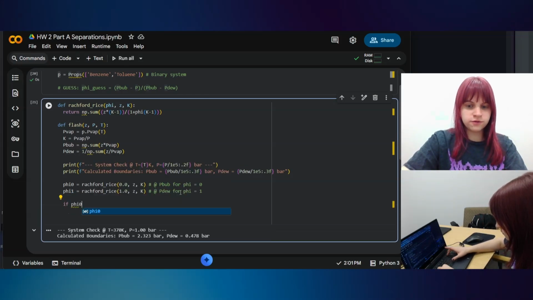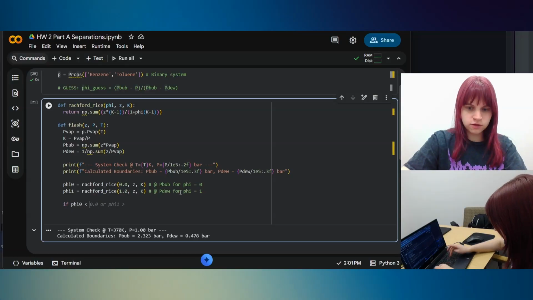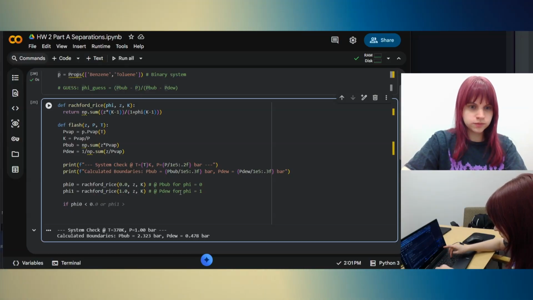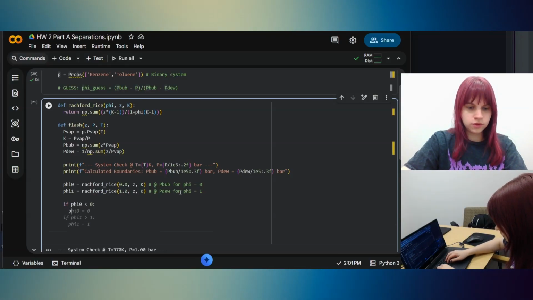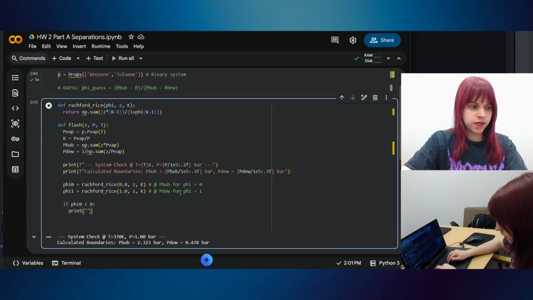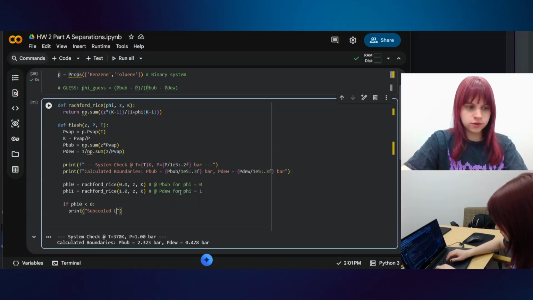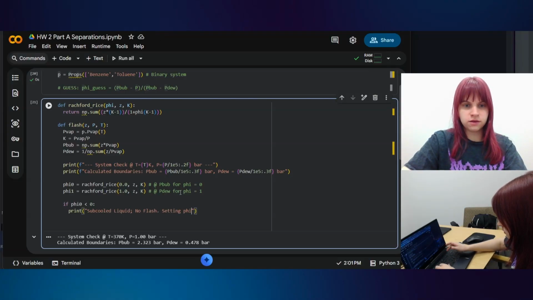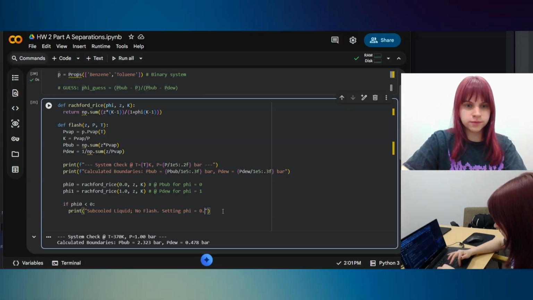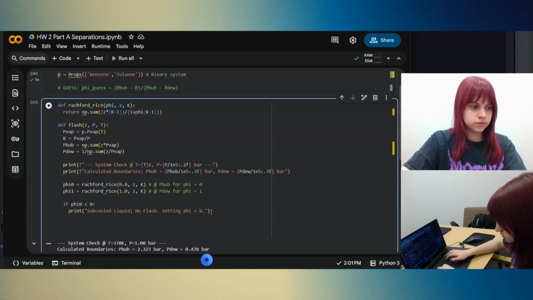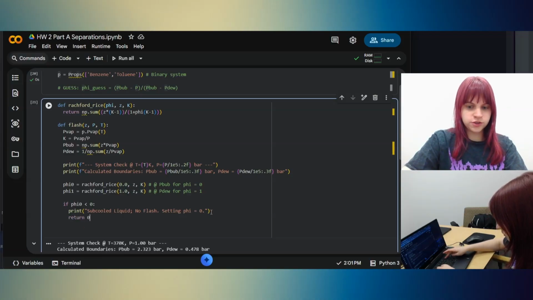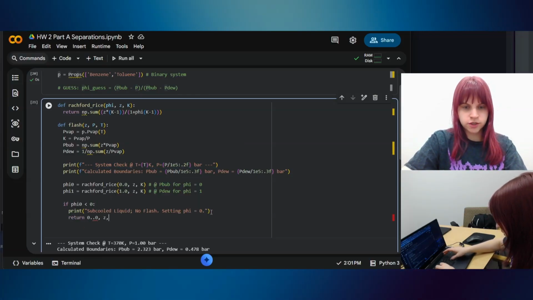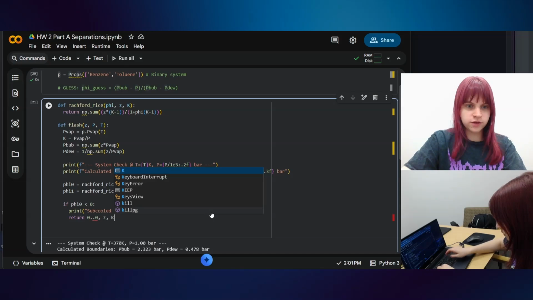So if our phi 0 is less than 0, we are at a subcooled liquid with no flash, and then phi is set to 0. And then we want to return these values.